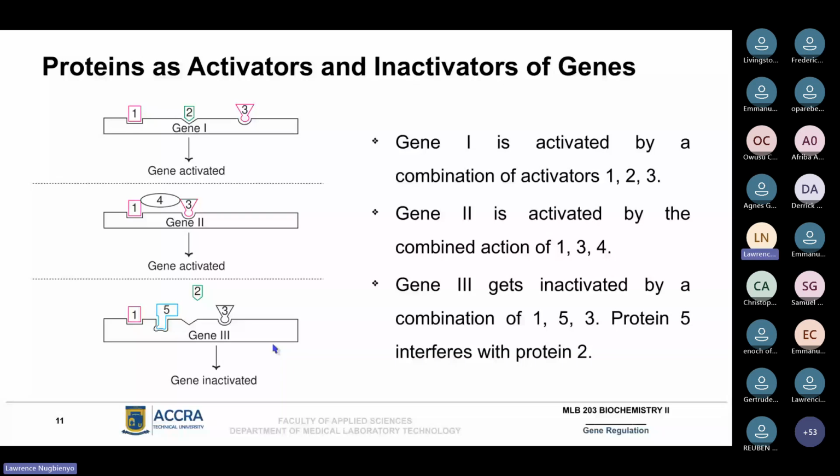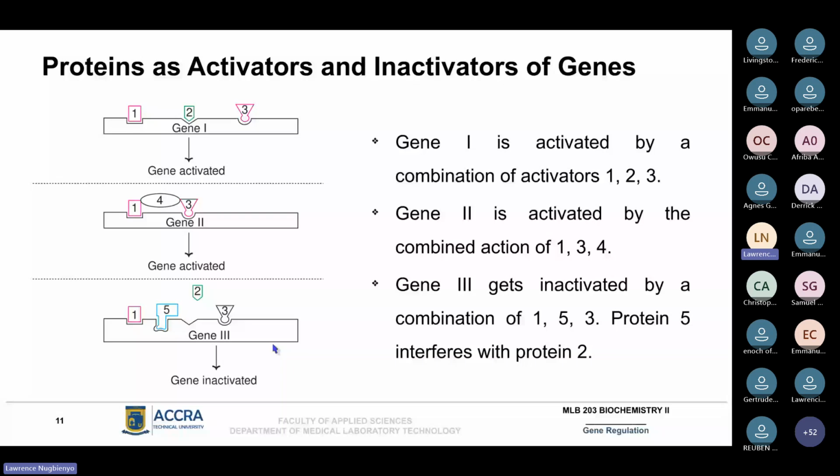Now we look at different models of gene regulation in eukaryotes. So clearly you can see that there is an interaction of gene, which is a nucleic acid, and proteins, which is a form of a complex interaction between two different biomolecules, bringing about the regulation of genes in eukaryotes.